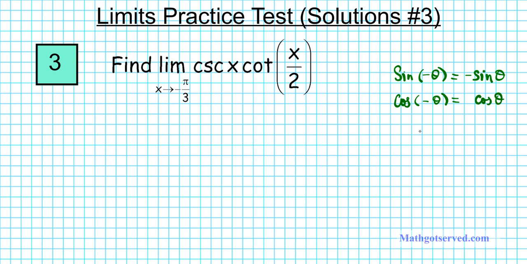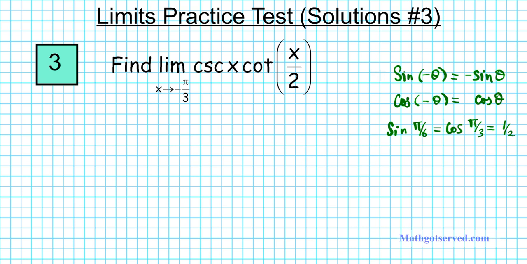Also, you want to remember the sine and cosine of some of your reference angles, some of your common angles. Sine of pi over 6 is equal to cosine of pi over 3, and it's equal to 1/2.